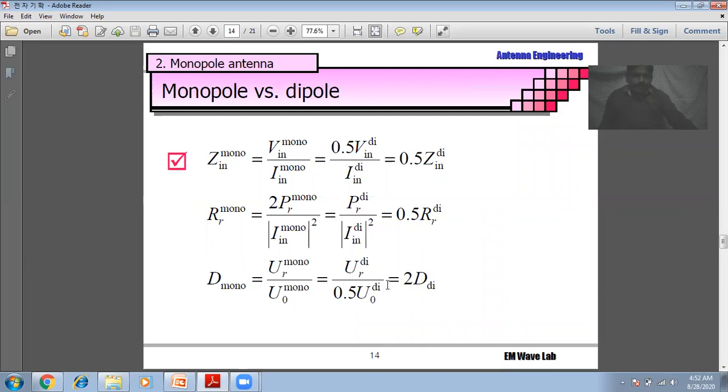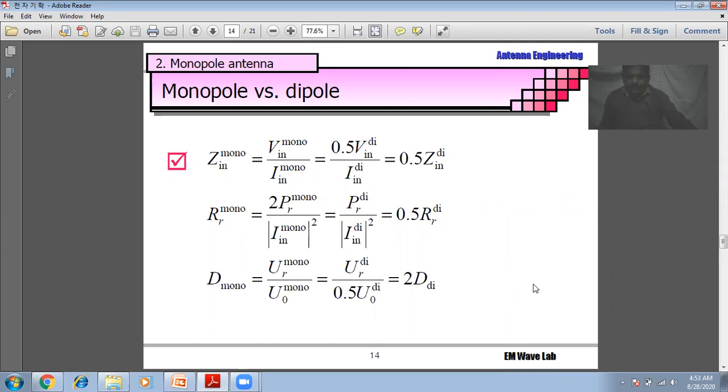Let us see this slide. A comparison is made between the monopole and the dipole. A dipole antenna has a radiation resistance of 73 ohms, which was already told to you. For the monopole antenna, the length is lambda by 4, that means half the length of the half-wave dipole.